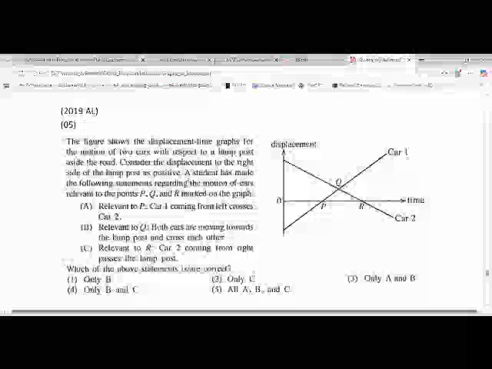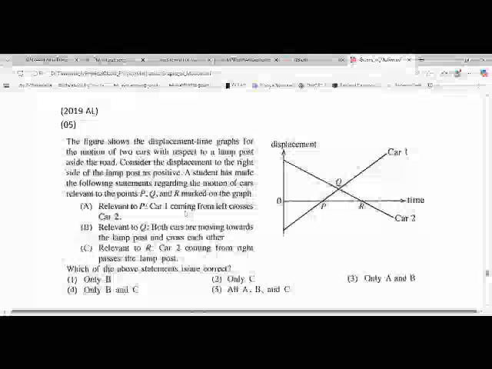Then let me read this. A student has made the following statement regarding the motion of the cars relevant to the points P, Q, and R marked on the graph.